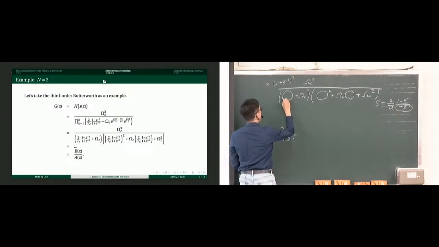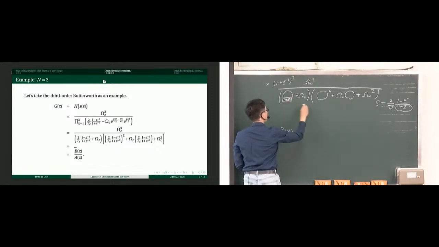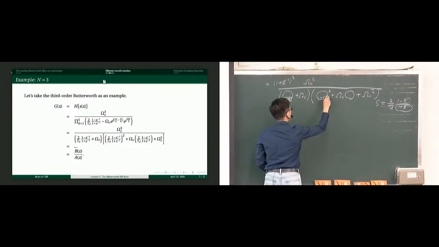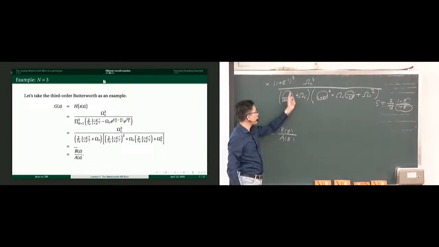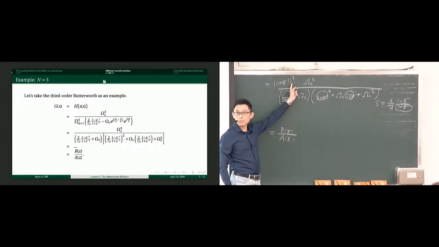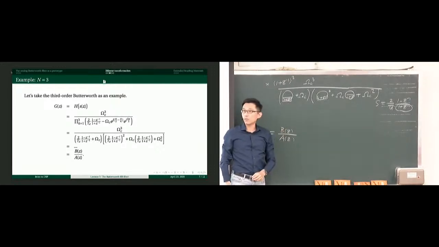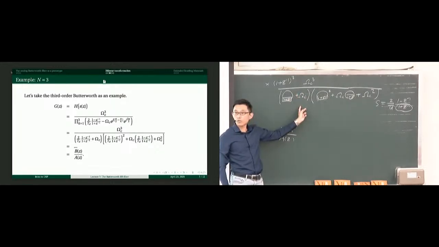So that here is a 1 plus z inverse, here is a 1 plus z inverse, and here's also a 1 plus z inverse. Just do it carefully. Multiply top and bottom with 1 plus z inverse to the third power, so that now the top and bottom both become polynomials. Can we do that? So that the top and bottom will both become polynomials.